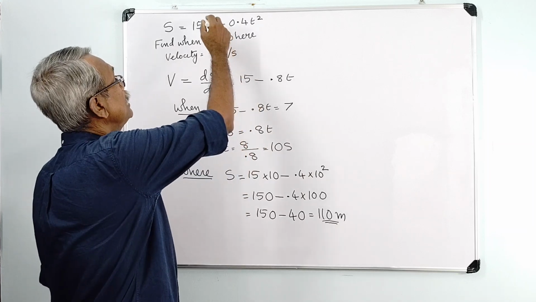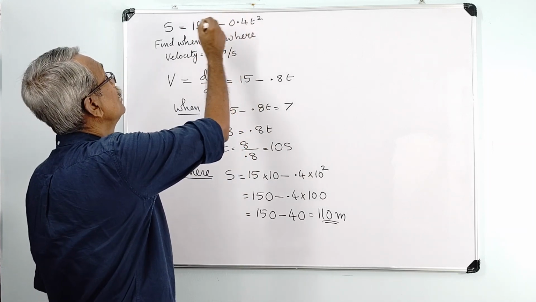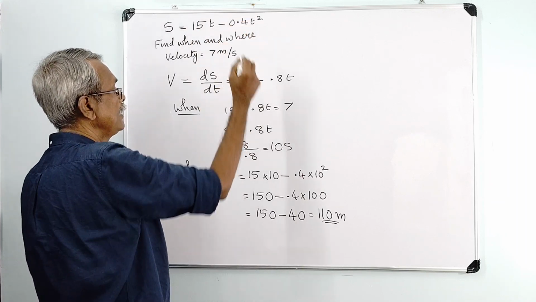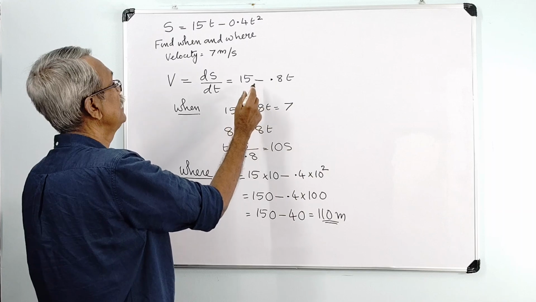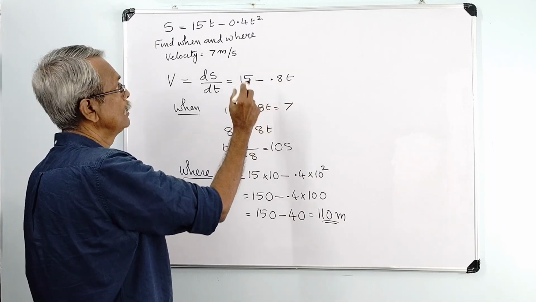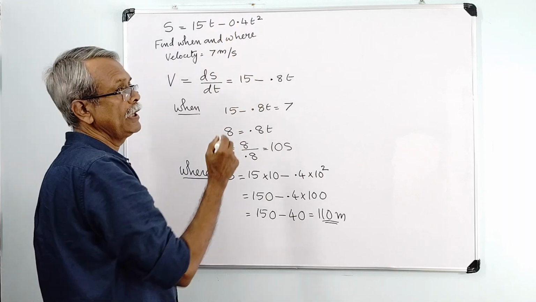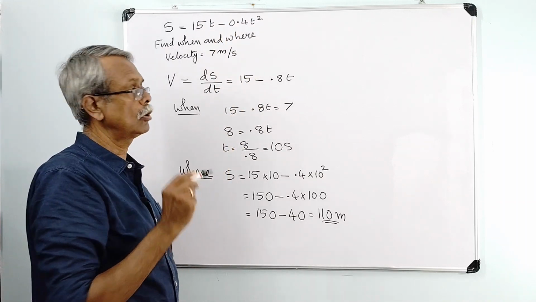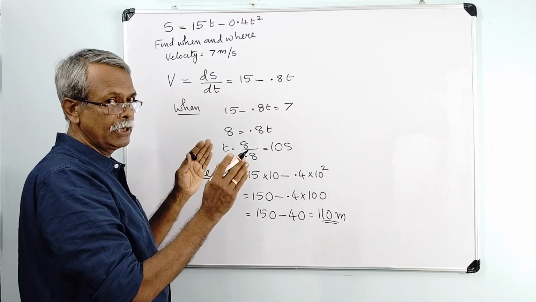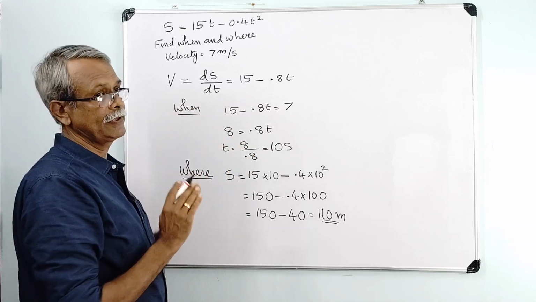It actually starts from the origin because at t is equal to 0, s is equal to 0. And the velocity at t is equal to 0, we can see that this will be equal to 15 meter per second. So at t is equal to 0, it is at the origin and its velocity will be 15 meter per second.